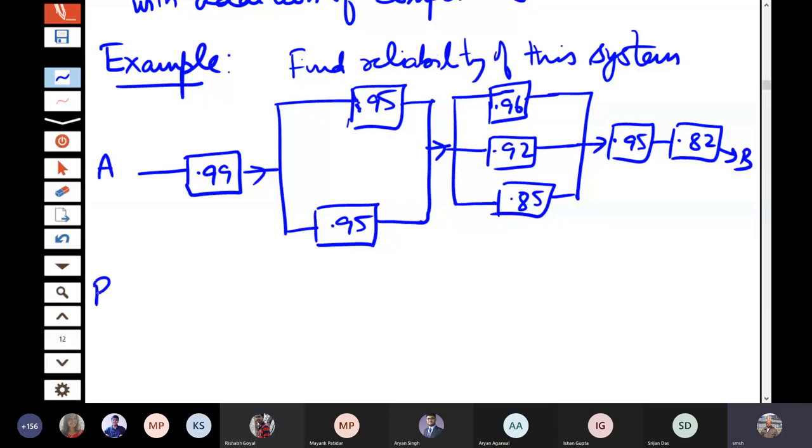So the system reliability will be 0.99, that is the first one.